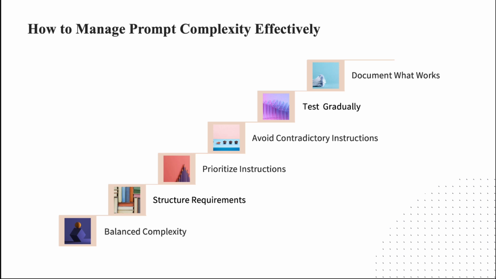Finally, keep track of successful prompts at different complexity levels. This will help you choose the right approach for similar future tasks and build a prompt library over time. By thoughtfully managing prompt complexity, we can get better, more reliable results from the AI assistants while avoiding common pitfalls that reduce response quality.